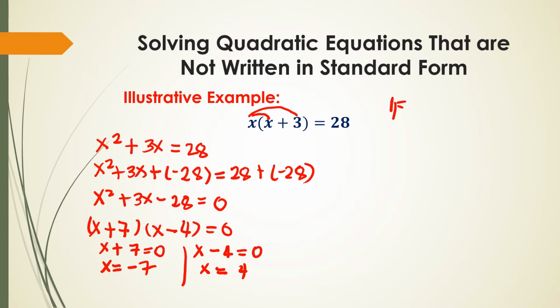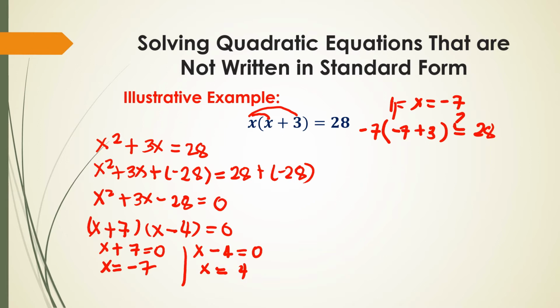So, if x is equal to negative 7, substitute natin si negative 7 kay x. So, we have here negative 7 times the quantity negative 7 plus 3, is it equal to 28?